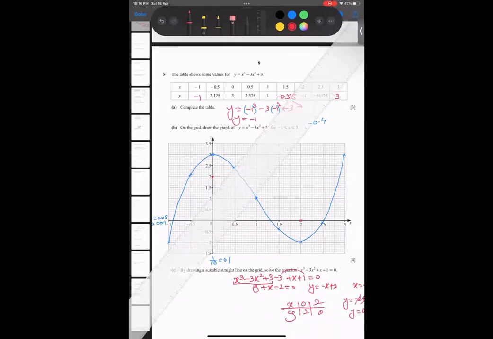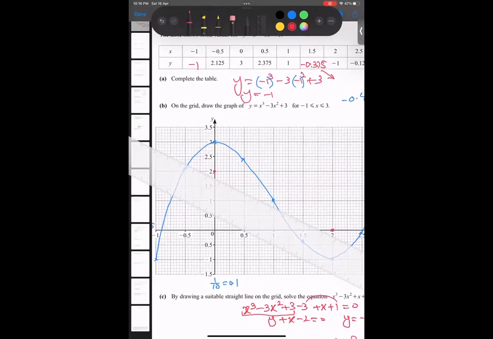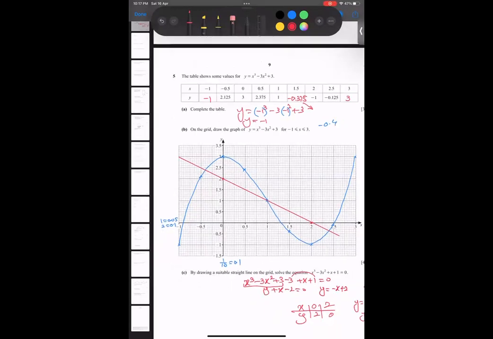And I will use a scale once again. So wait a minute. That's it. And we have done it. So make arrows here, make arrow here. So this line, and I write here, y is equal to -x plus 2. And he is asking to solve.